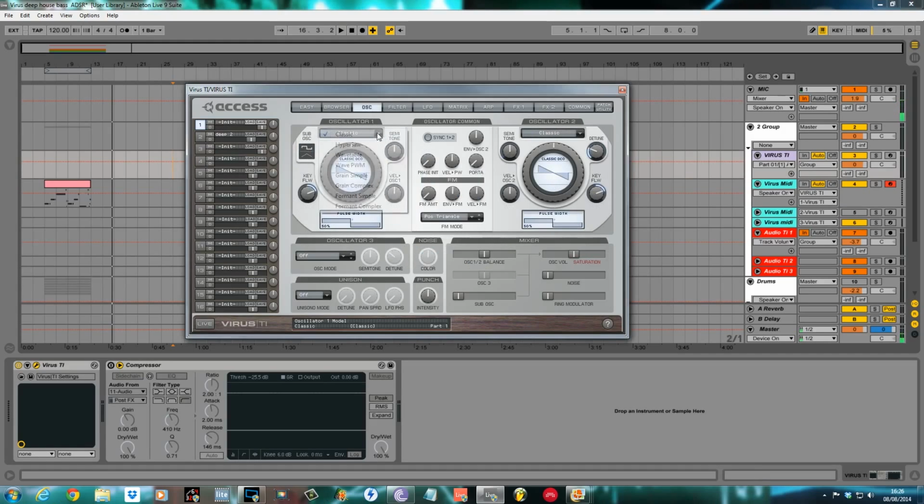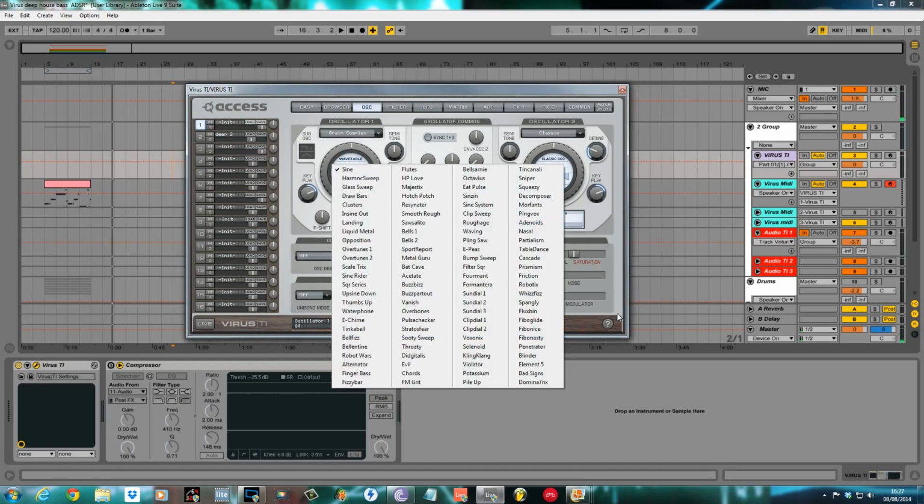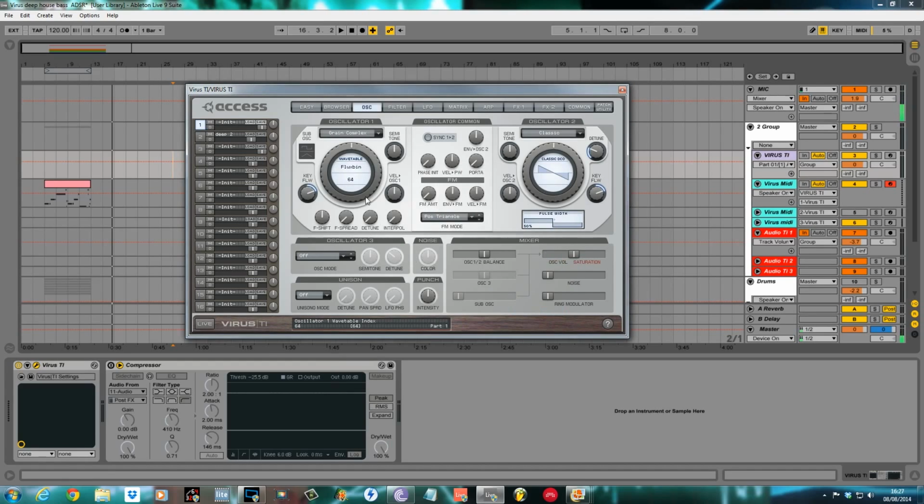Okay, Oscillator 1, it was a grain complex waveform called Fluxbin. I chose this because it's got some nice higher end qualities and a little bit of grit, which is exactly what I wanted at the start of the sound. I pulled back the wavetable to about 32.